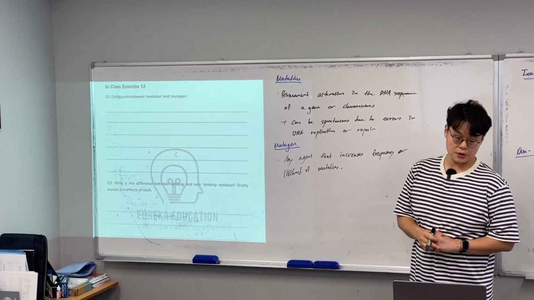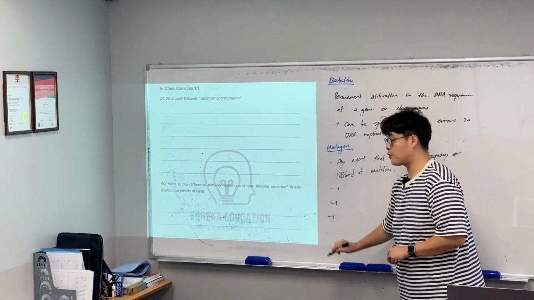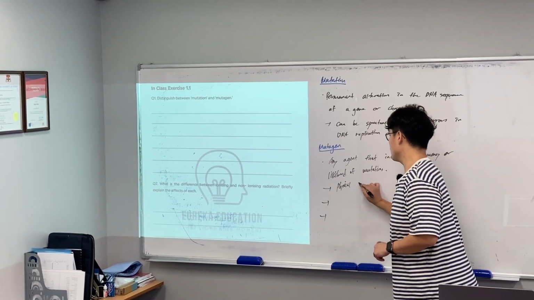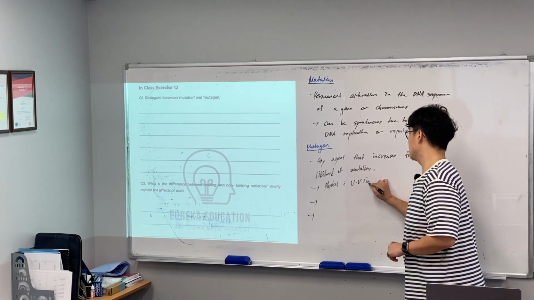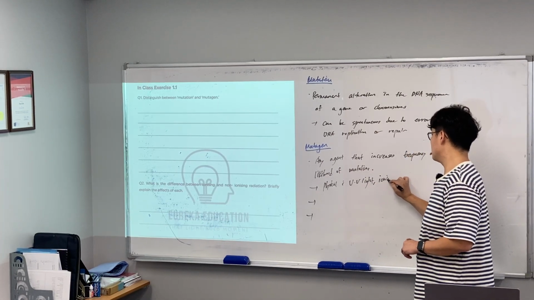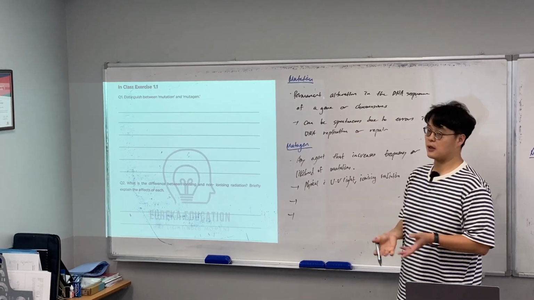We call them mutagens. Now, in terms of the mutagens, we can have three factors. It can be physical, including UV light, or ionizing radiations. UV light is part of that too, I'll just write it down as this.